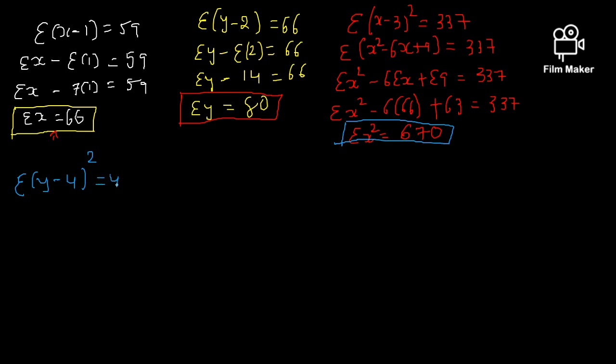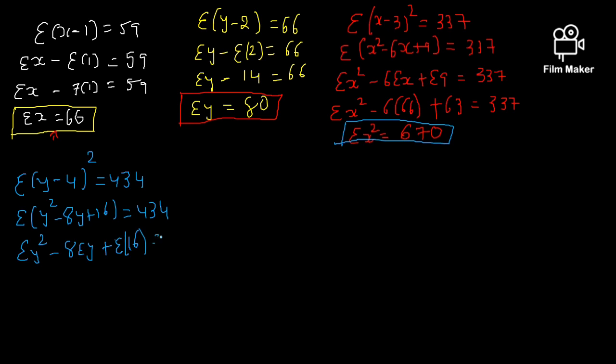434. Now the same rule applies, which is y square minus 8y plus 16, and that comes to 434. Now sigma will be multiplied, sigma y square minus 8 sigma y plus sigma 16 equals 434. Sigma y we have just calculated, which is 80.